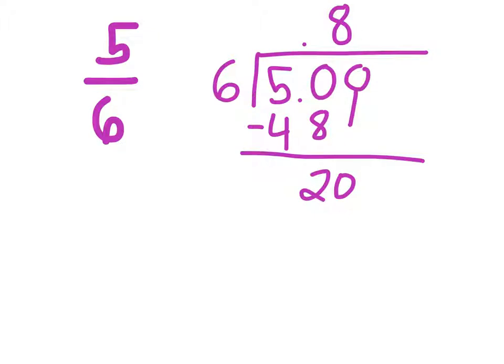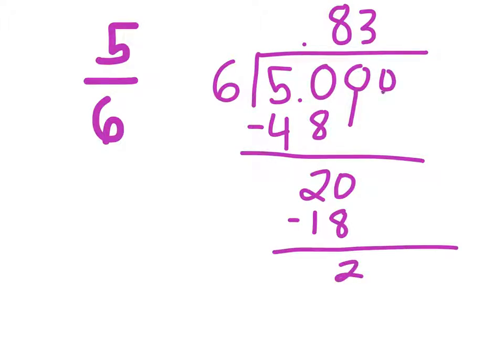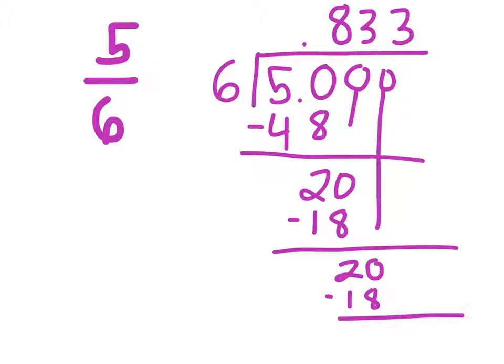6 goes into 20 3 times. 6 times 3 is 18. 20 minus 18 is 2. Add a 0, bring it down. 6 goes into 20 3 times. 6 times 3 is 18. 20 minus 18 is 2.